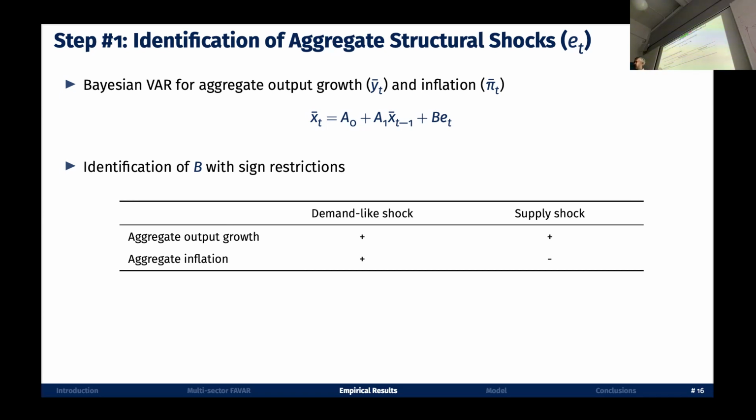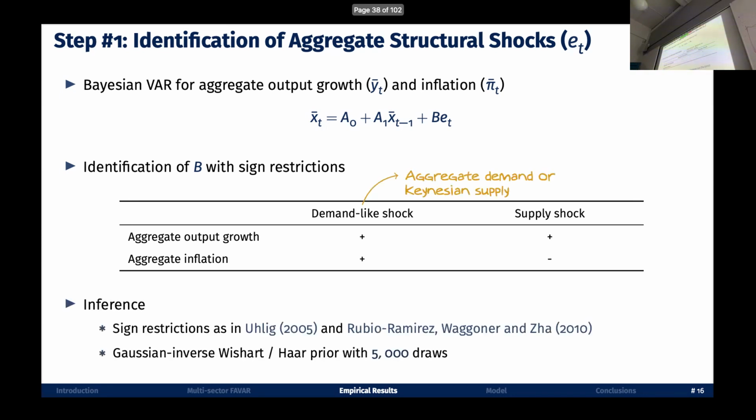And then you classify these two orthogonal objects as demand-like shocks if they imply positive movements in the data. So if the first column of this B matrix is plus plus, and supply shocks if the second column of this B matrix is minus minus. The way in which you estimate this model is with a Bayesian VAR.